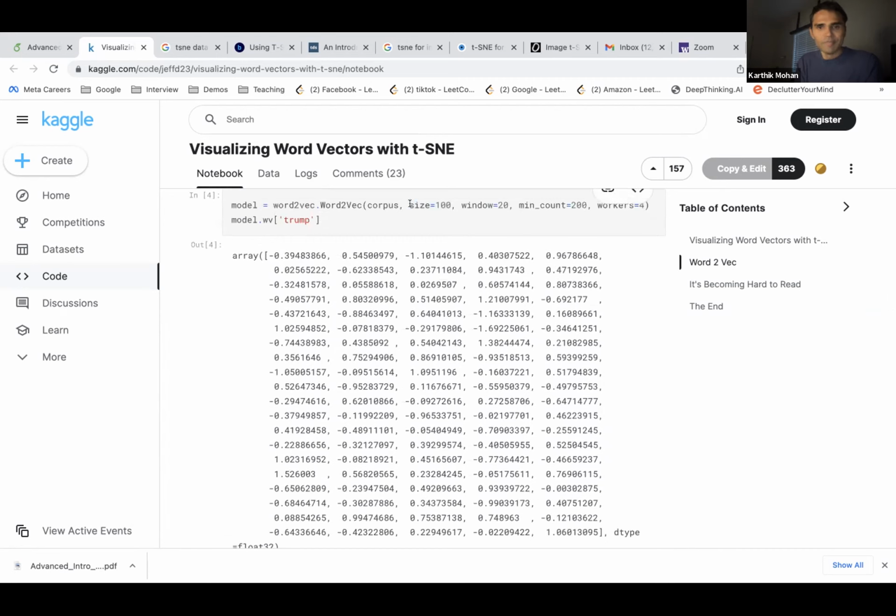Size equals 100. So this is a 100 dimensional representation. Let's say I want to get the representation for Trump. You get a 100 dimensional vector for Trump. You can get a 100 dimensional vector for anything. And it will have maybe some activations for politics, some activations for government and things like that in these 100 dimensions.